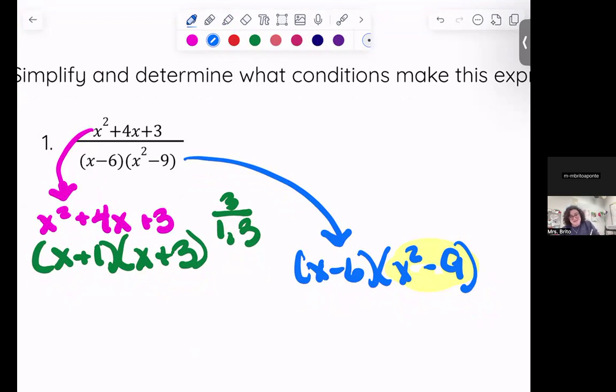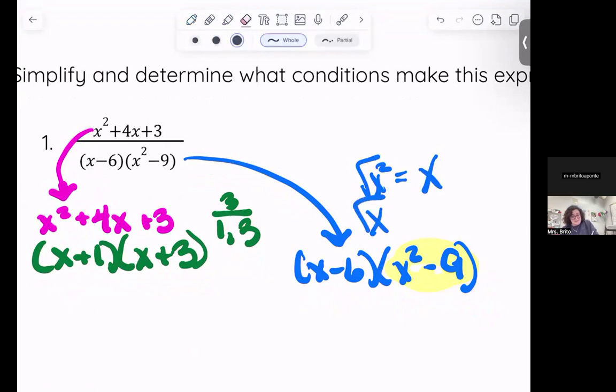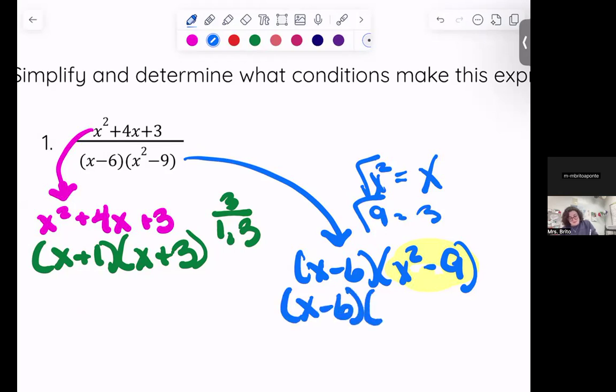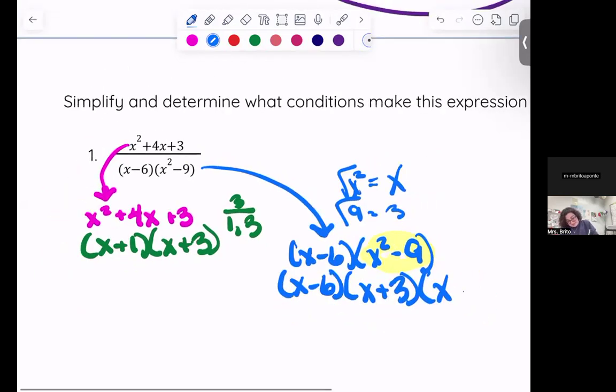The square root of x squared is x, and the square root of 9 is 3. So that x minus 6 stays the same, and then your x squared minus 9 becomes x plus 3, x minus 3. Okay?